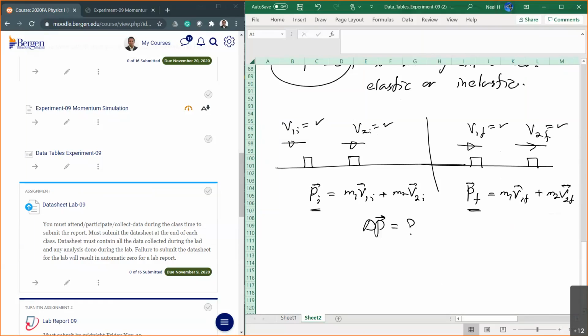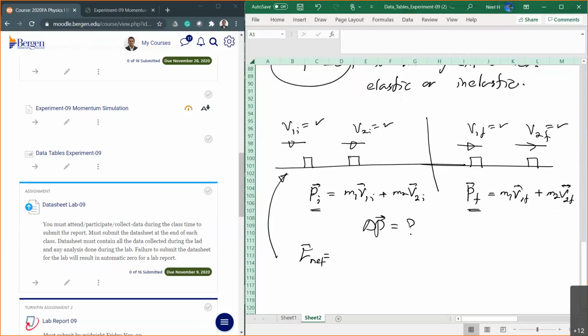When this collision happens, if I can get rid of the friction, which is the only possible force that can apply there, then I can reach the condition where the net external force is zero.